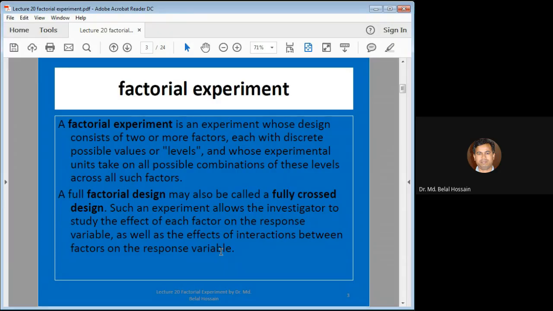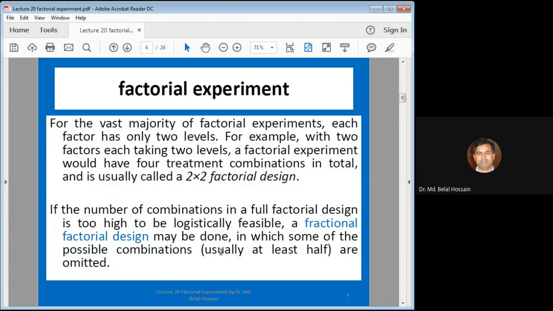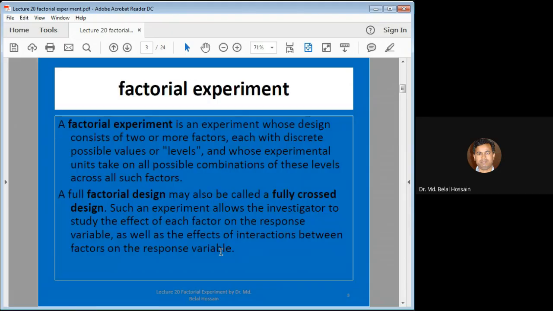None of them will be omitted, okay? So that is full factorial design. It is also called factorial design. You have to then understand it is full, unless they call it partial factorial design or fractional factorial design, okay? So that is factorial experiment.